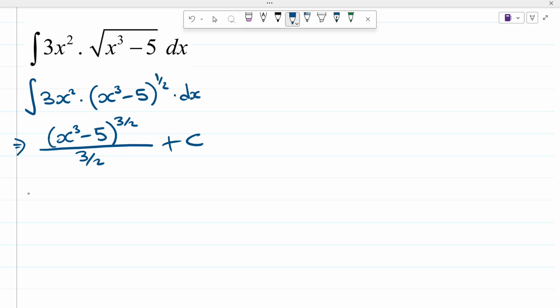Then of course we can rewrite this in this way, whereby we say this is equivalent to 2 over 3 multiplied by the square root of x cubed minus 5 to the power of 3 plus c.